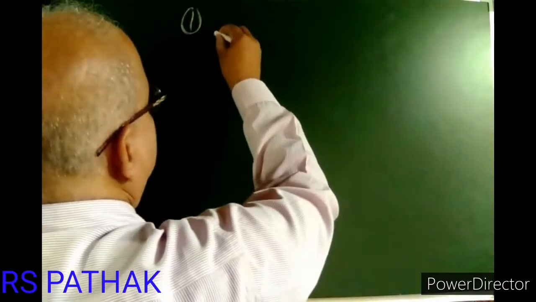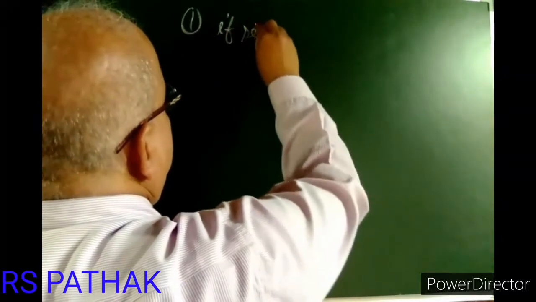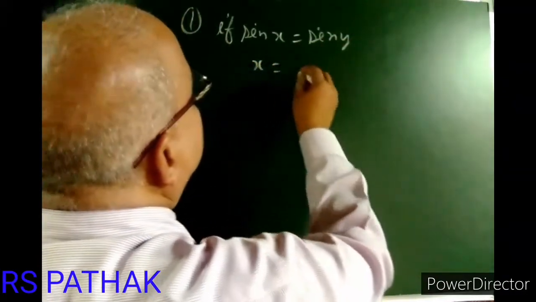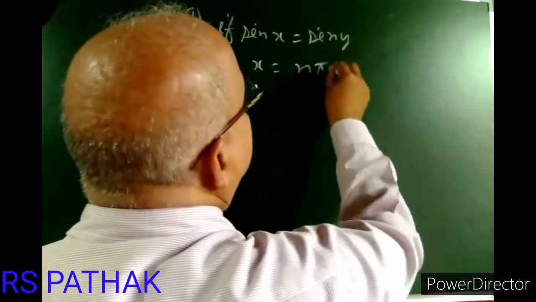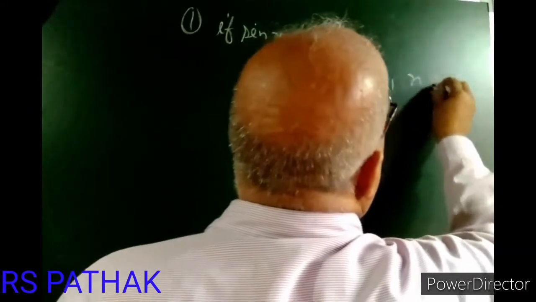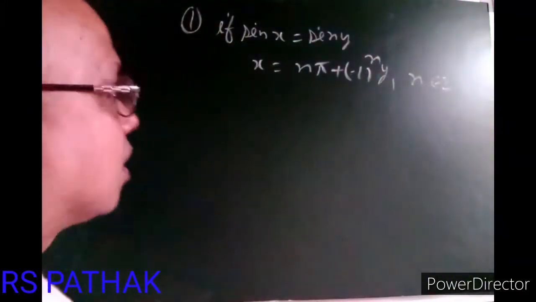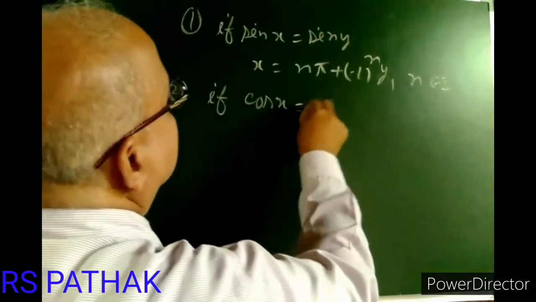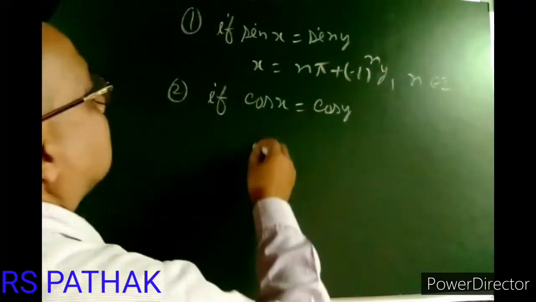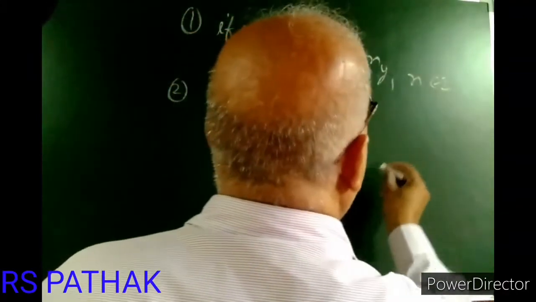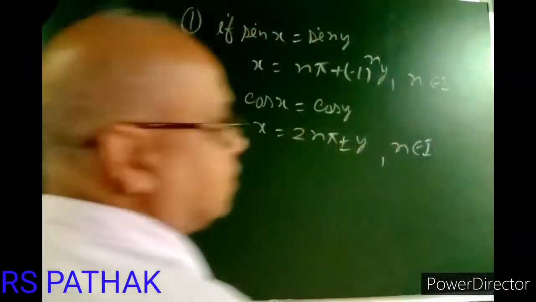Now I am going to prove these theorems. Theorem number 1: if sin x equal to sin y, then x equals n pi plus minus 1 to the power n y, where n belongs to I, the integers. Theorem number 2: if cos x equal to cos y, then x equals 2n pi plus minus y, where n belongs to I, the integers.